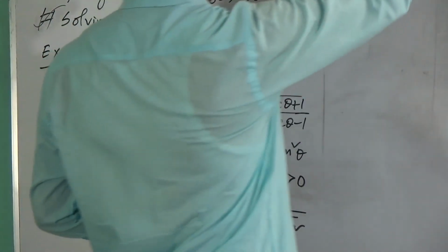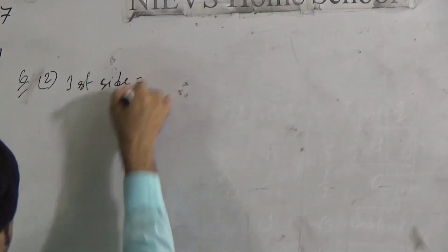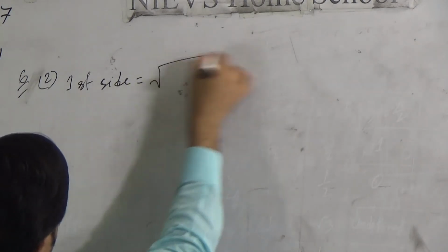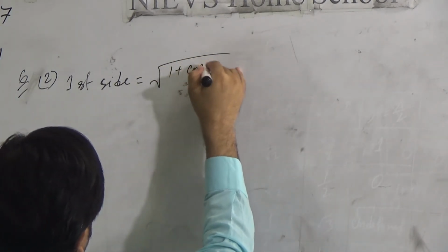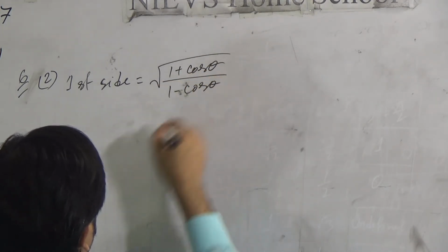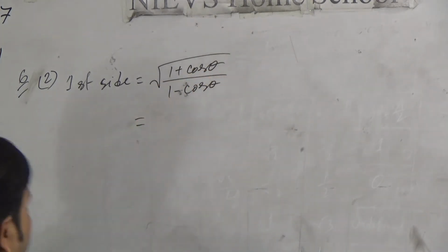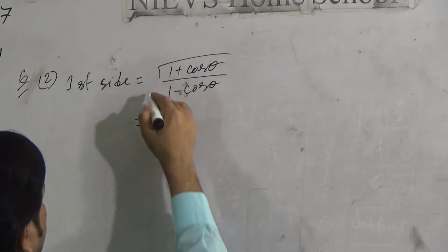So I will write here the first side. First side is square root of 1 plus cos theta divided by 1 minus cos theta. Okay dear students, to solve this we can apply a technique here. What is the technique?